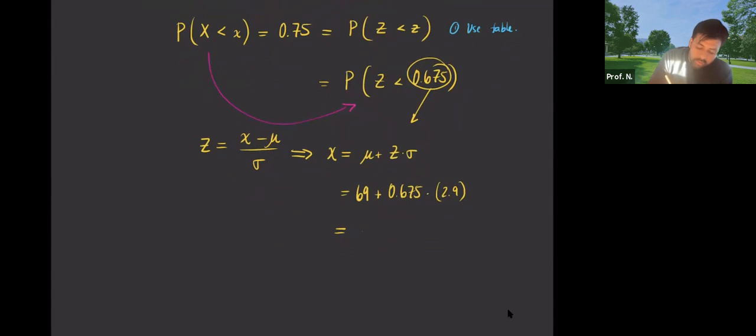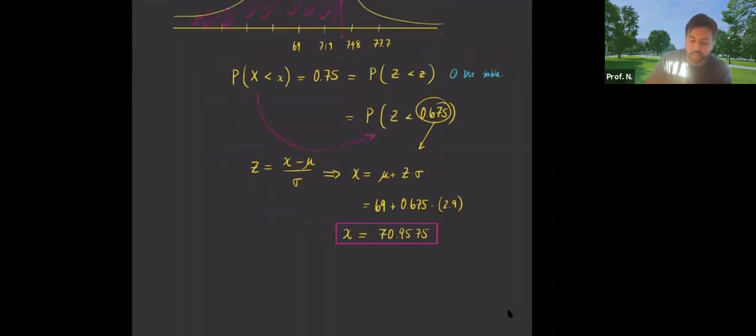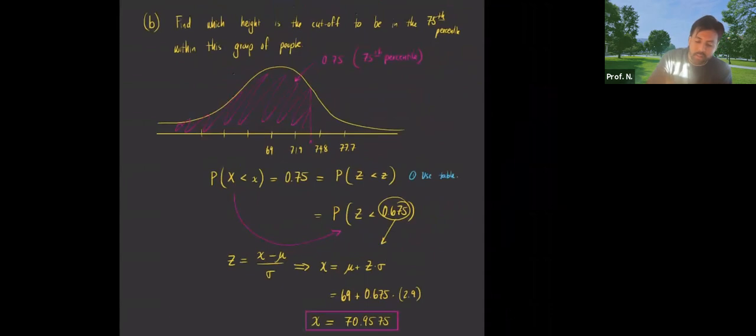And I get 70.9575. Make sense? So what did I just find? I found that the x value, the height for the cutoff of being in the 75th percentile, is 70.9 inches tall.